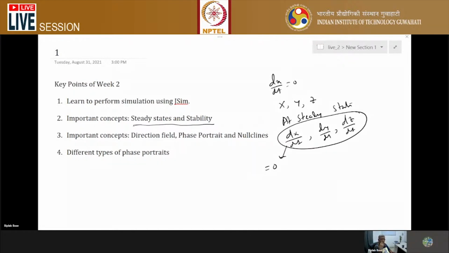Now think about where steady state is in biology. Just think about it. All of us are actually in a steady state. For example, in physiology they will not call it steady state, but they will call it homeostasis, right? So what is homeostasis? Homeostasis is nothing but a situation where the physiological parameters of the organism are not changing much with time.